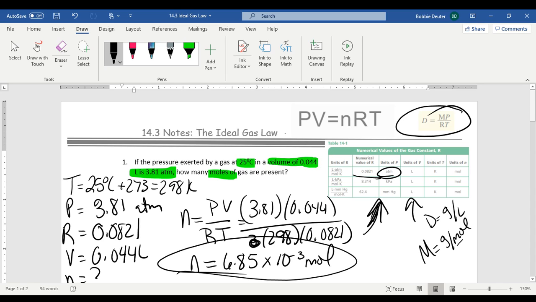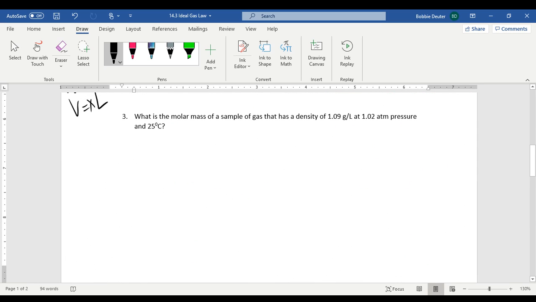Because PV equals nRT is dealing with volume and moles, we can actually rewrite that equation because now grams cancels out to reflect the density, which is pretty neat if you think about it. So we're going to use the equation density is equal to the molar mass times pressure divided by our constant R and temperature. So let's try working through one of these equations.